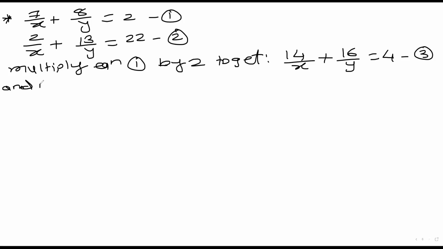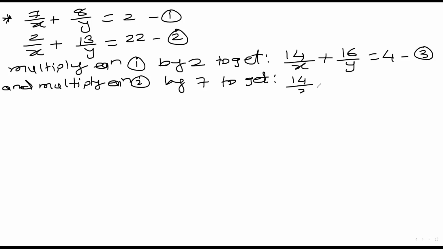And multiply equation 2 by 7. What do we get? We multiply equation 2 by 7 to get 14 upon x plus 13 into 7. How much is 13 into 7? 91 upon y is equal to 154.